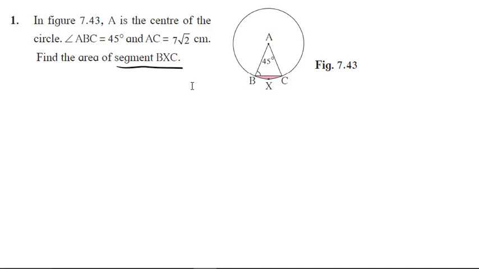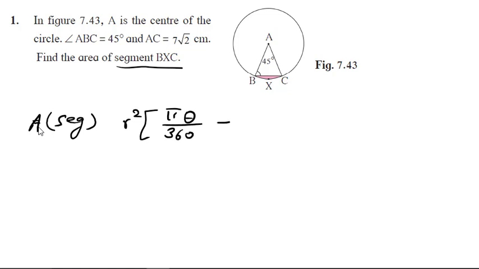One way is that I will first find area of sector ABXC and then I subtract area of triangle ABC, or else I will use the formula for area of segment, which is R square in bracket pi theta upon 360 minus sin theta divided by 2, where this theta is nothing but this central angle. Okay, this central angle is theta.